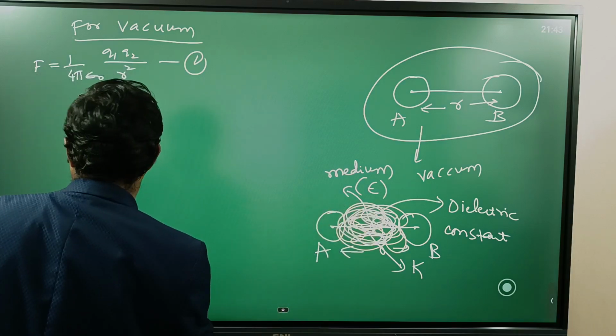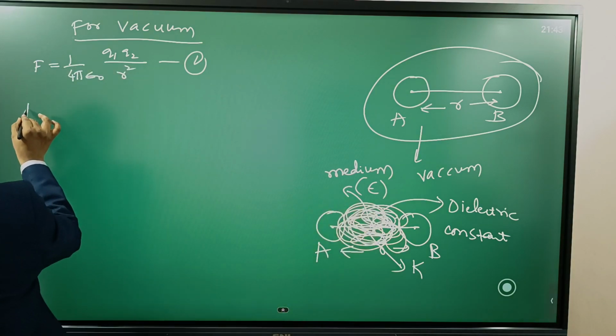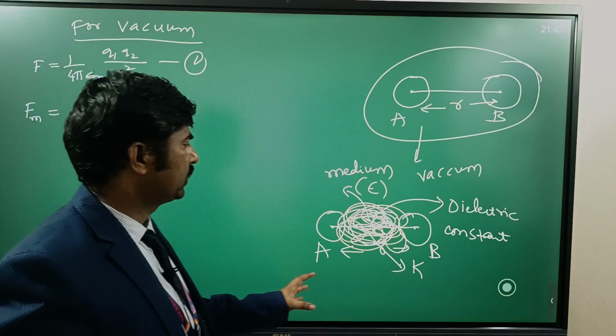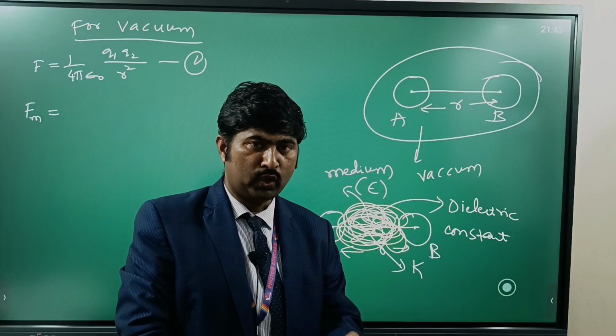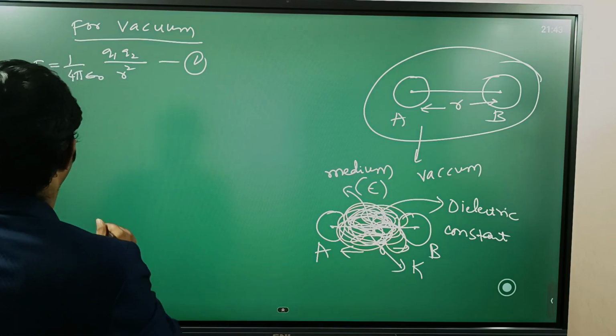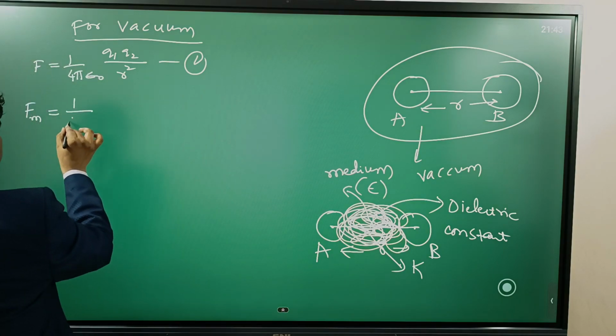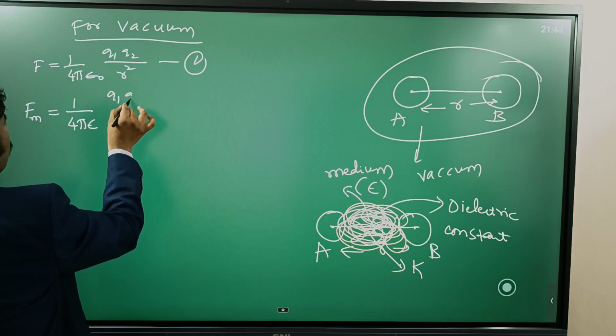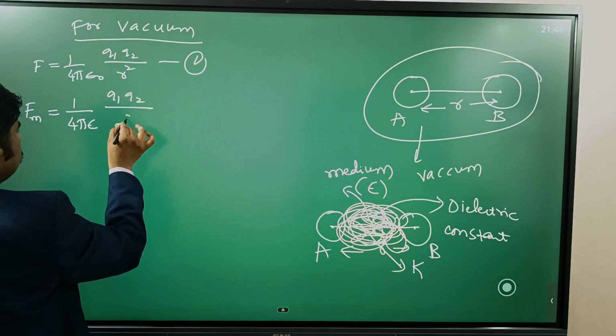Now the new force in the medium is written as Fm. So Fm indicates the force between these two charges when a medium is introduced between them. So Fm is equal to 1 divided by 4 pi epsilon q1 q2 divided by r square.